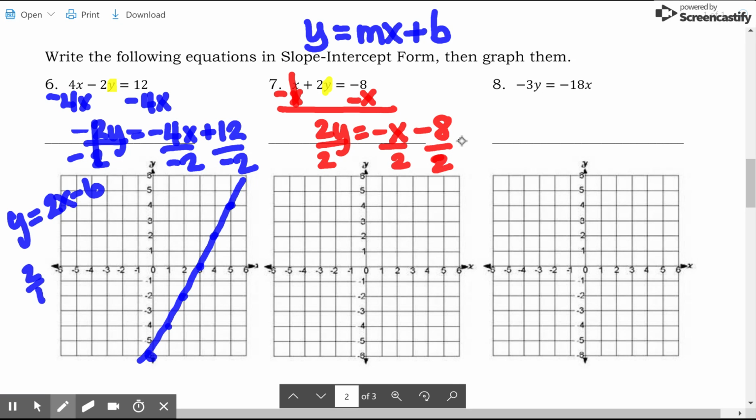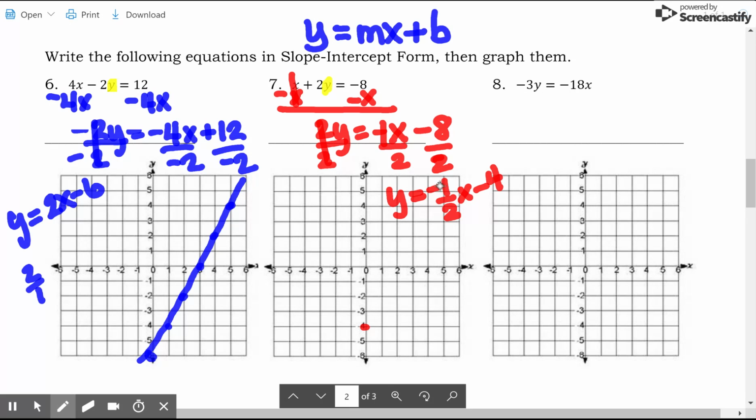So now my equation is y equals, and the coefficient of x here is 1, so that would be a negative 1/2 slope times x minus 4. So to graph this equation, I'm going to go on the y-axis to negative 4. That's the y-intercept.